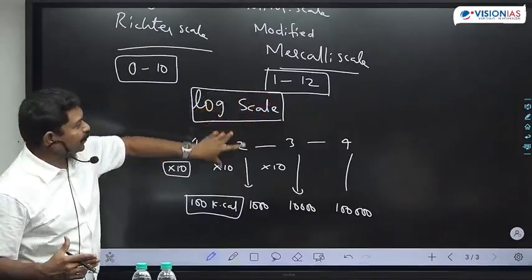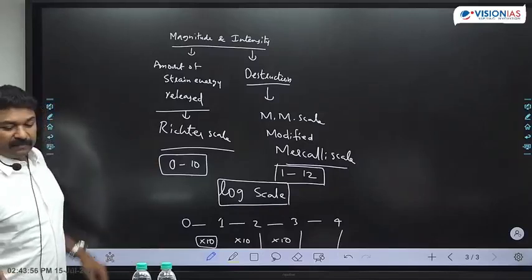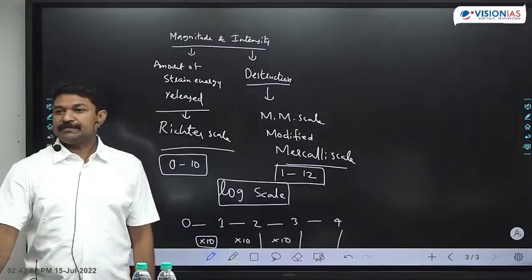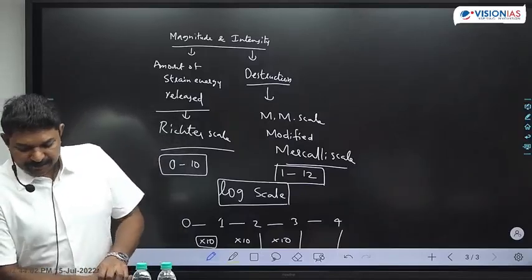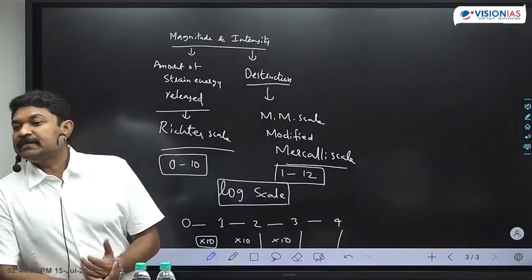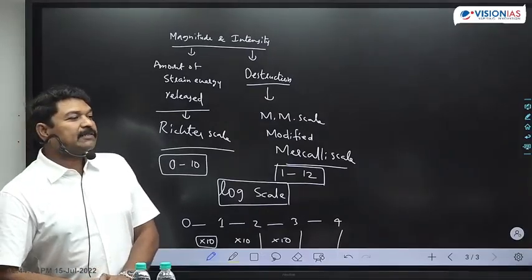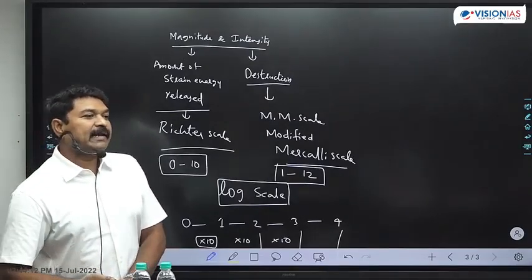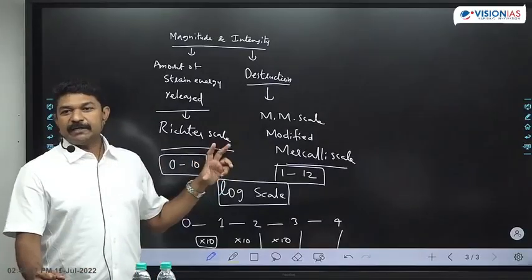Come on, write down. Give the heading as magnitude and intensity. Magnitude is defined as the amount of strain energy released at the focus, or hypocenter.